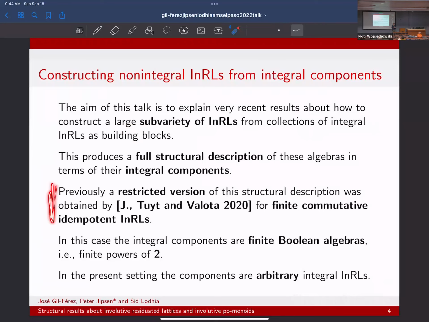And the interesting thing is that it generalizes some research from a couple of years ago with Olim Tuyt, who was a graduate student at the time, and Diego Valota, who was here as a postdoc and came to visit me for a month. We figured out this structural description for the case where every element in the involutive residuated lattice is idempotent. So the restriction was very severe.